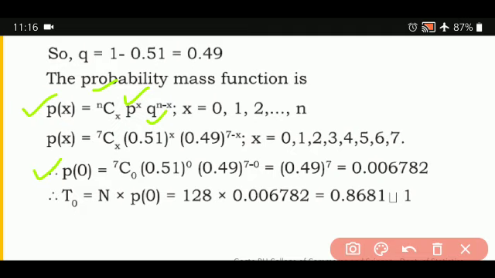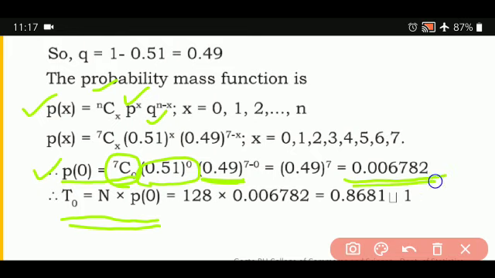After you find this, you find the first theoretical frequency, and then you will be applying the recurrence relation. So 7C0, the binomial coefficient, you can find from the statistical table. Anything to the power of 0 is 1. You multiply 0.49 seven times, and this is the answer you are getting. This is P0.